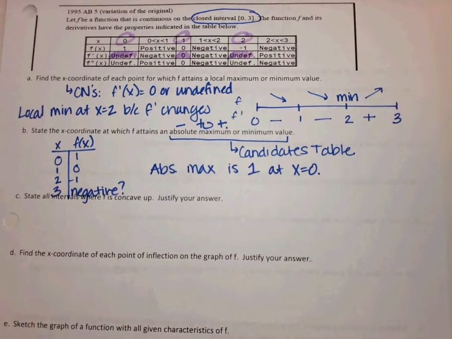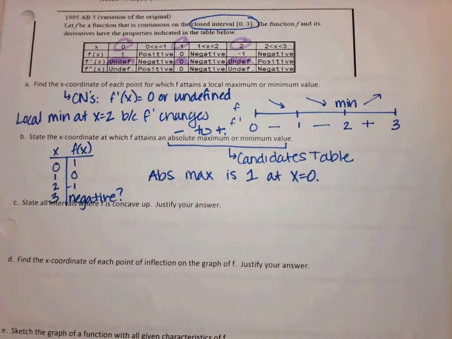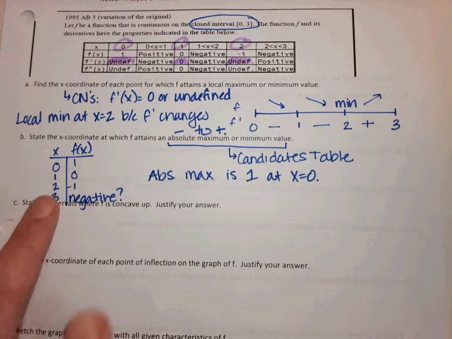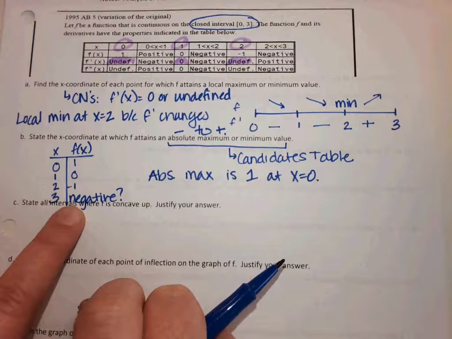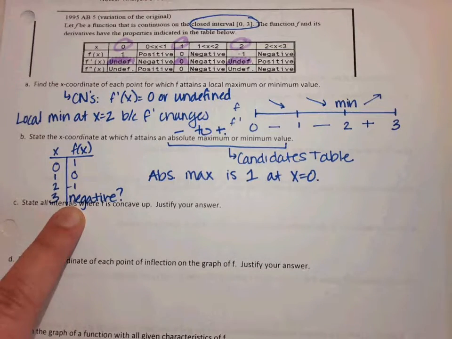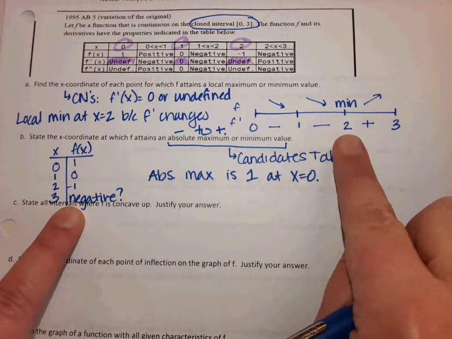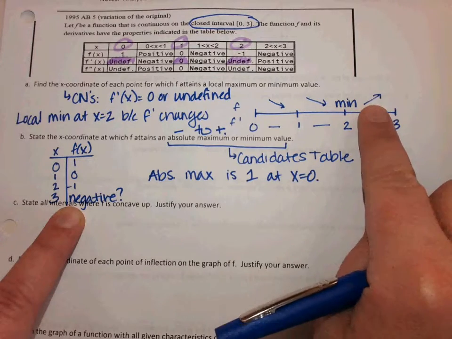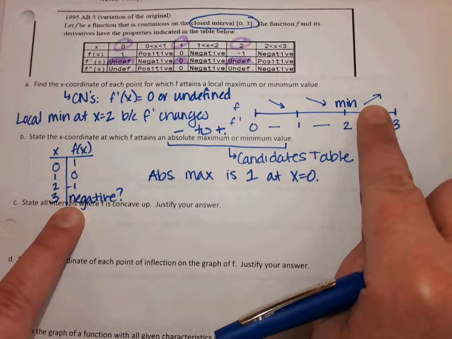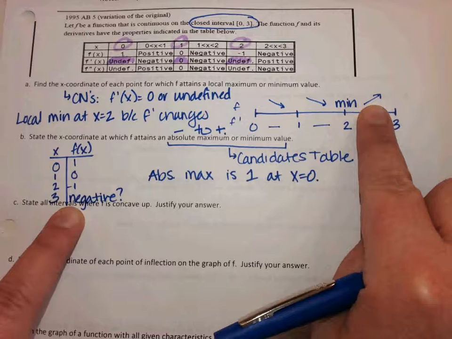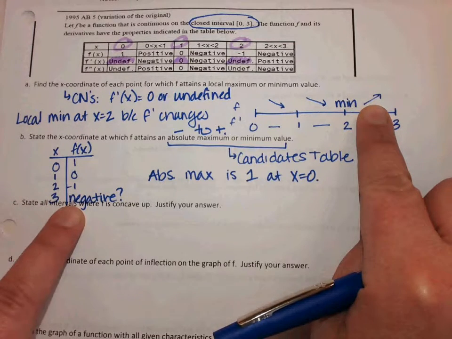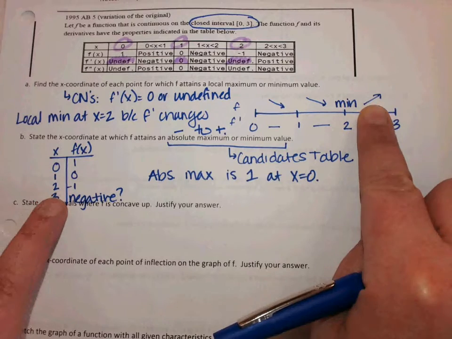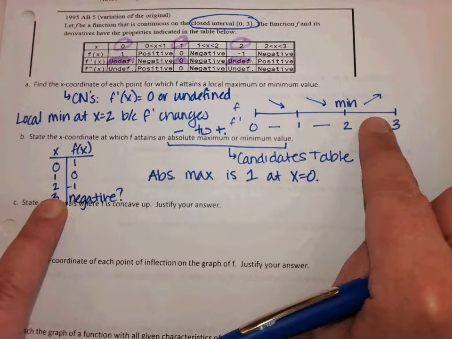Okay, but for the min, we're going to have to do a little bit of thinking. So at 2, negative 1, and then at 3 it's negative. What happens between 2 and 3? It increases. So I want you to think about which one is going to be smaller, negative 1 or the unknown negative, if between 2 and 3 my graph increased.